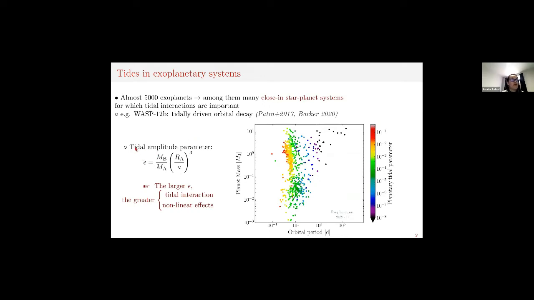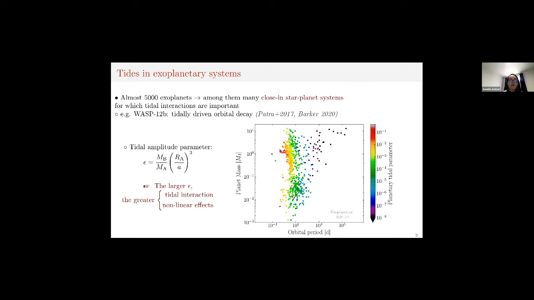If you want to give a rough estimate of the importance of tides in exoplanetary systems, you can calculate this tidal amplitude parameter epsilon. This is the ratio of the tidal gravity due to perturber body B against the self-gravity of body A. I have done this on this plot for the planets, in color.